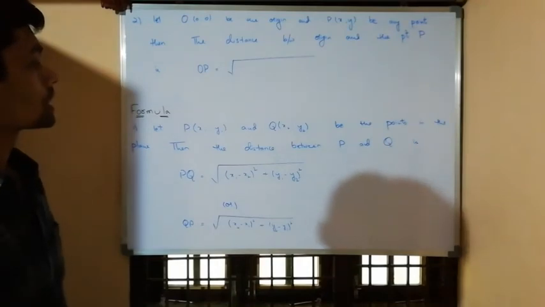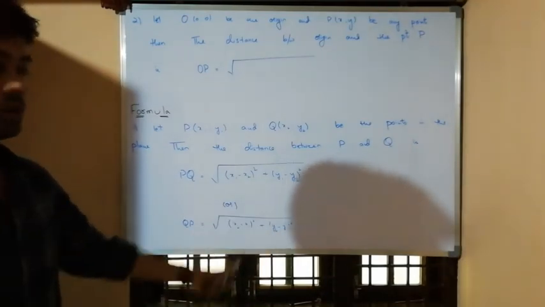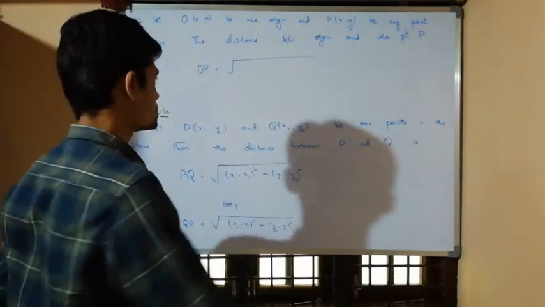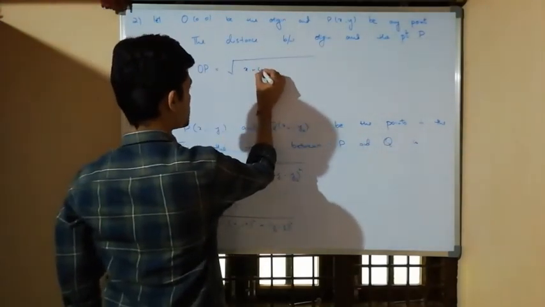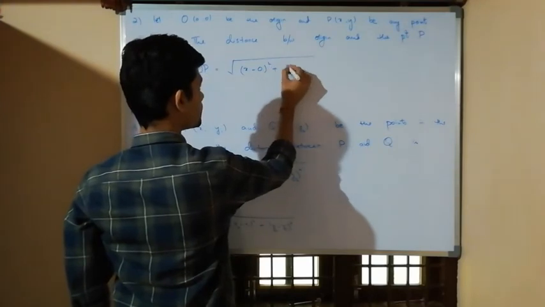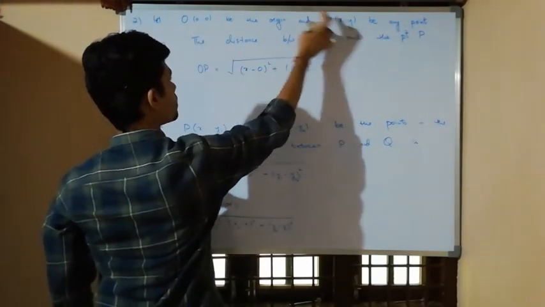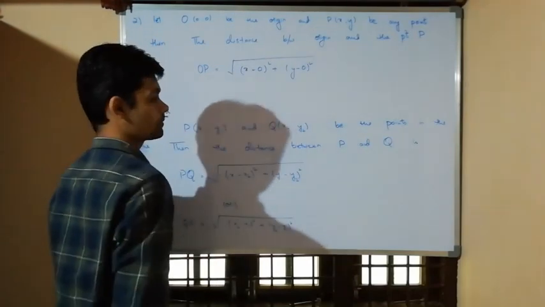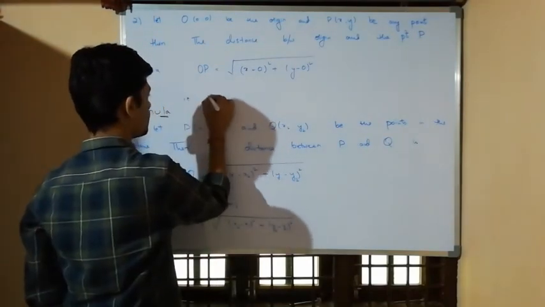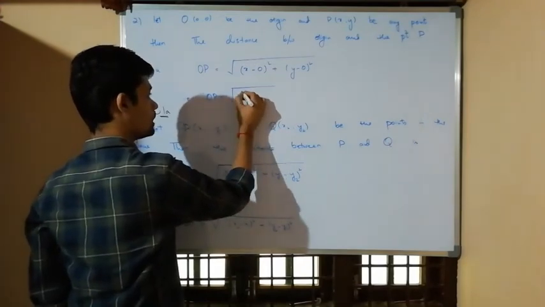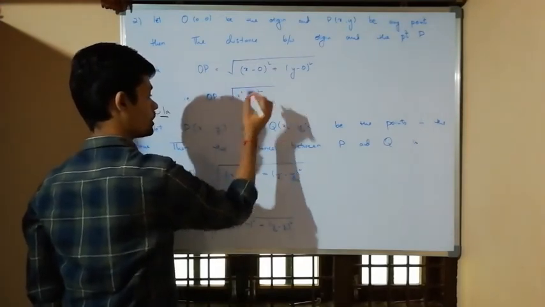You can use any one of the formula. x minus 0 whole square plus y minus 0 whole square. That is OP is equal to under root x square plus y square.